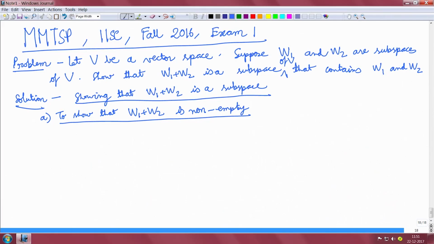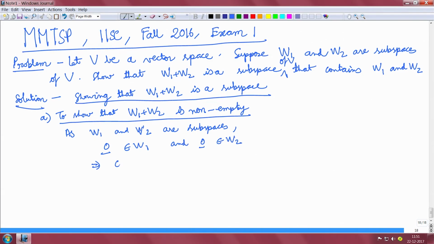As W1 and W2 are subspaces, the 0 vector belongs to W1 and the 0 vector belongs to W2 as well.